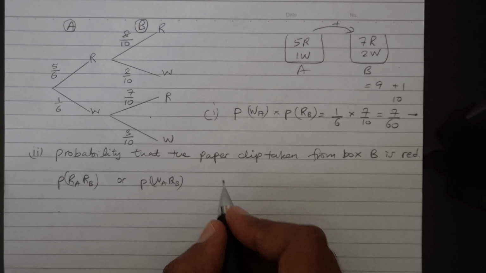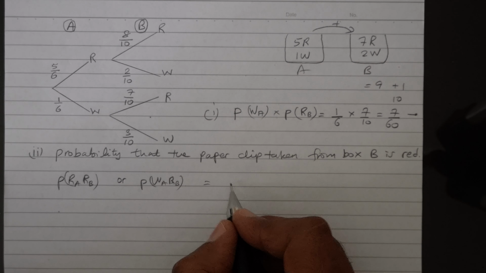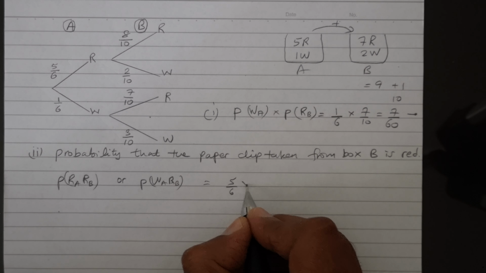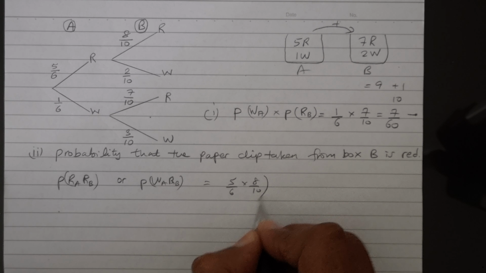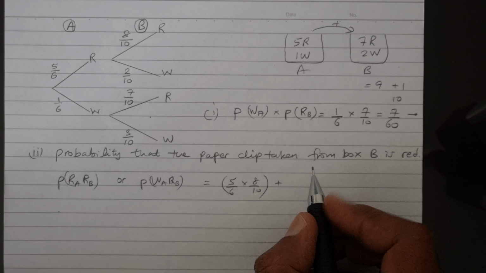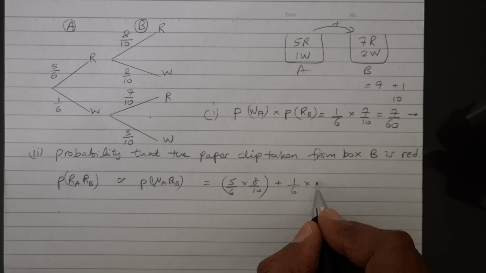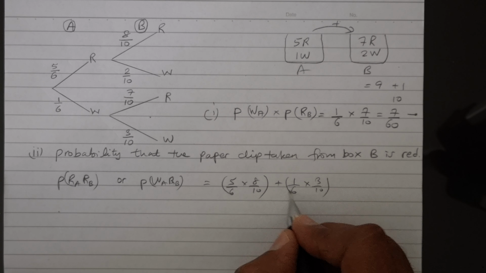So then if we do this, we are going to get this times this, that is 5 over 6 times 8 over 10, either or plus, that means exclusive events, 1 over 6 times 7 over 10.